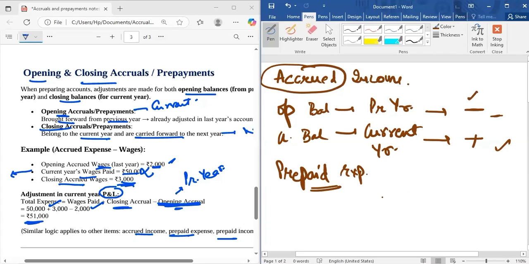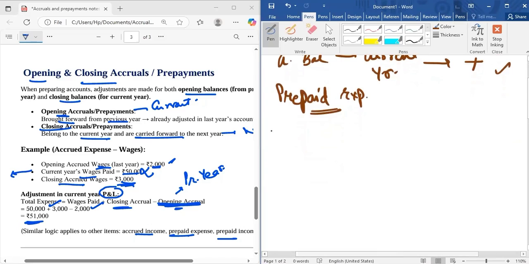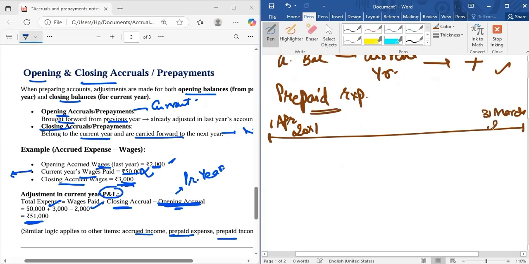Now see, let's take an example to understand it. This is our year, 1 April 20x1 till 31 March 20x2. On this date, 1 April 20x1, I paid, suppose, an amount of rupees 20,000 which was related to insurance.